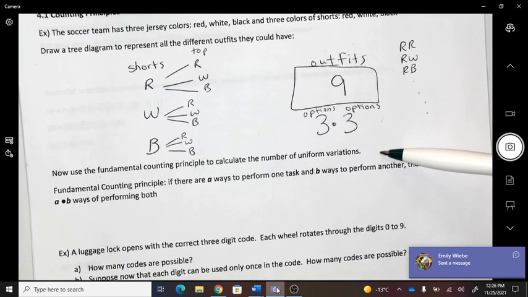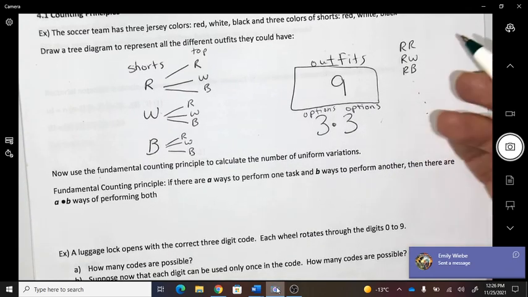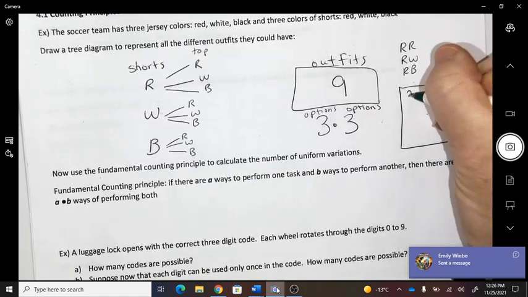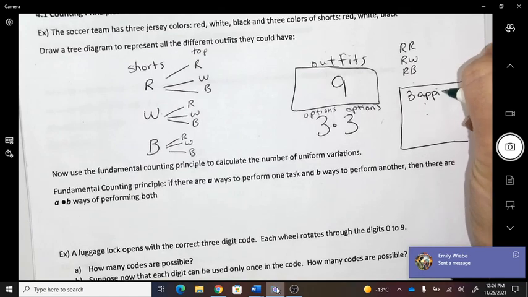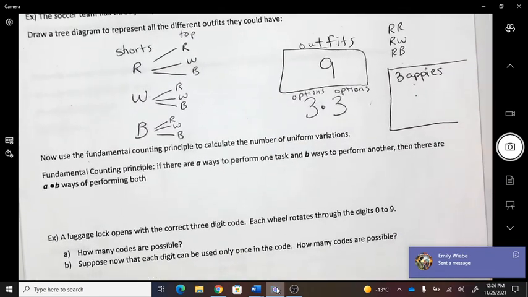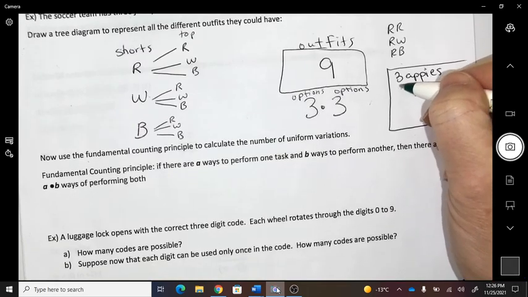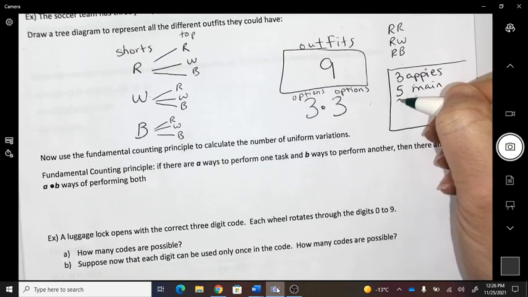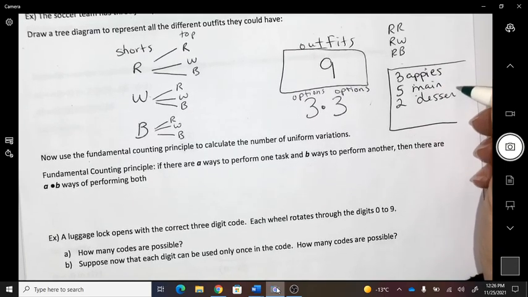So what if you had a situation like this where you had 3 appies to pick from at a restaurant? Appies, appetizers. You had 5 main courses to pick from and 2 desserts.